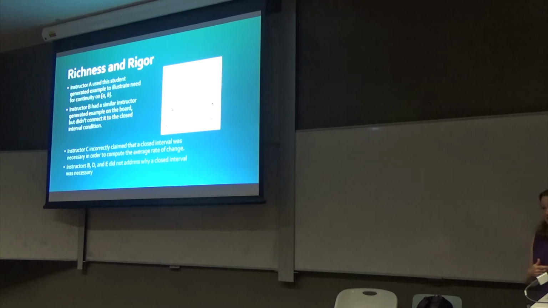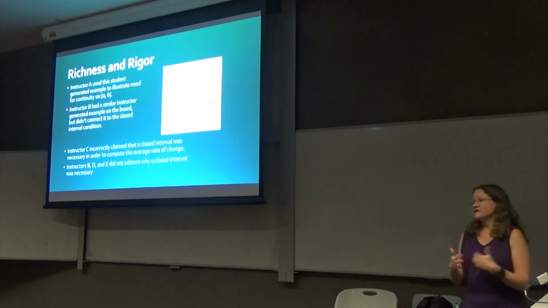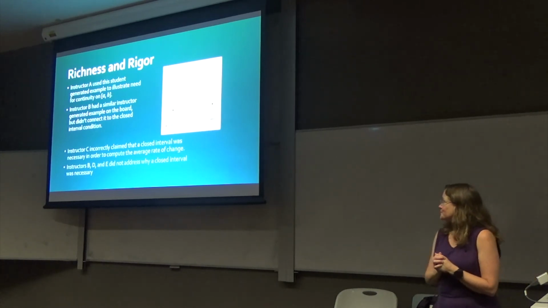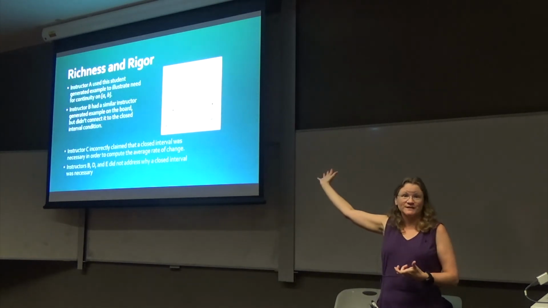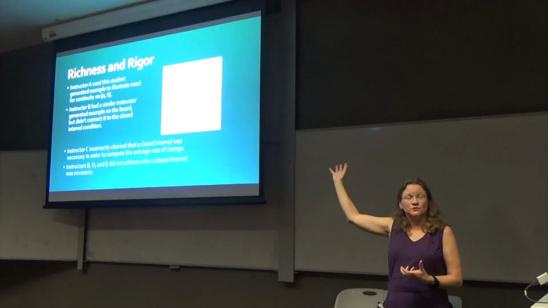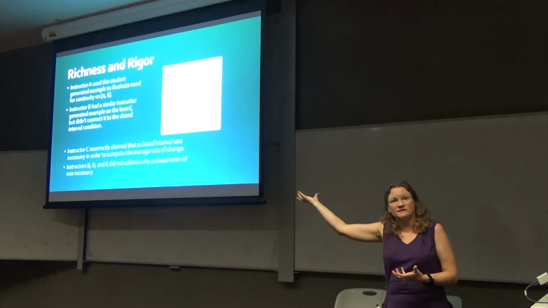And instructor C actually did incorrectly claim that a closed interval was necessary in order to compute the average rate of change. But instructors B, D, and E didn't even address why there was a closed interval. Instructor B even had this graph as one of her examples that she presented, but just didn't use it and leverage it to present that information.